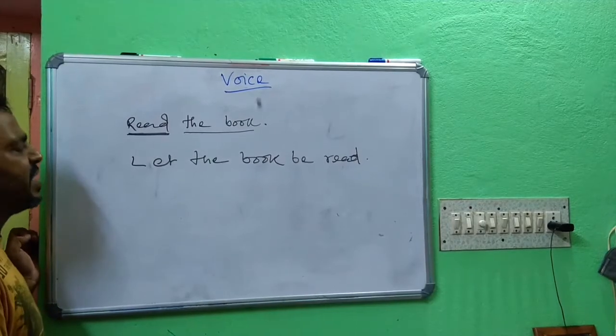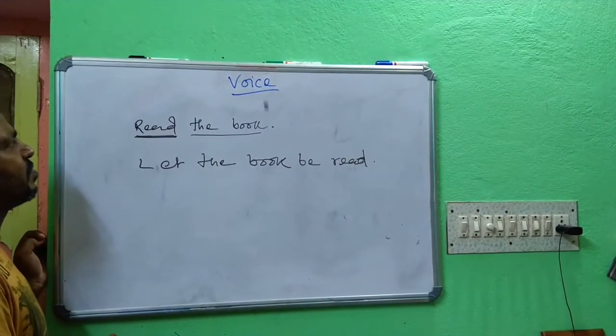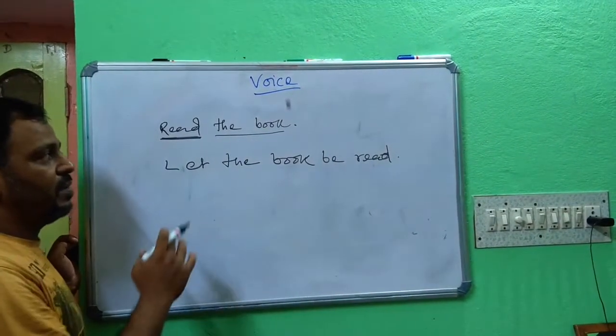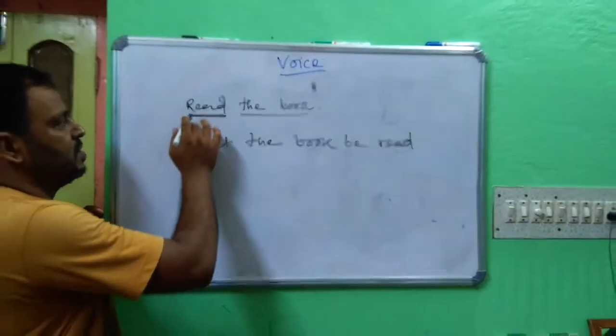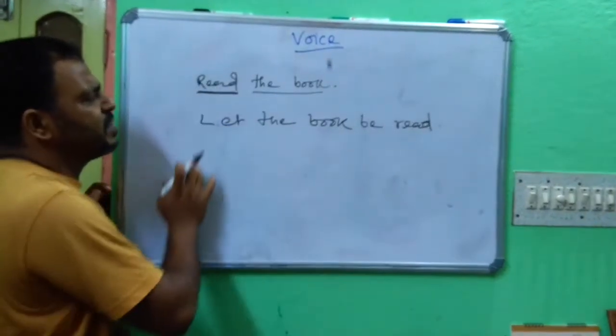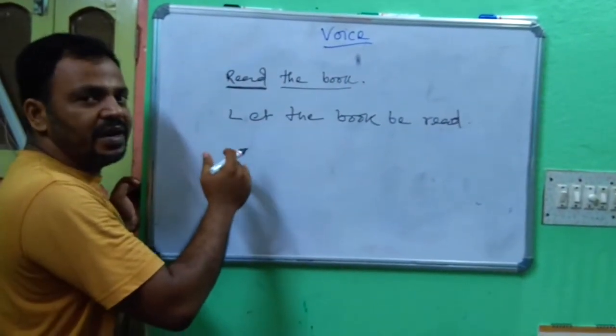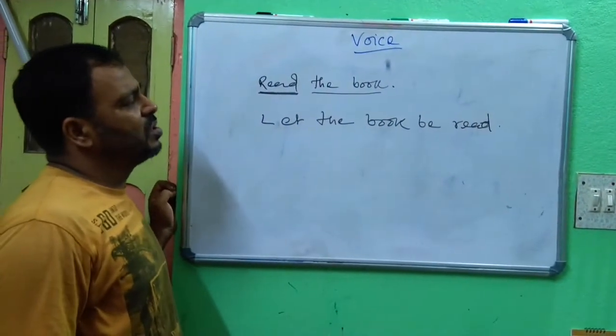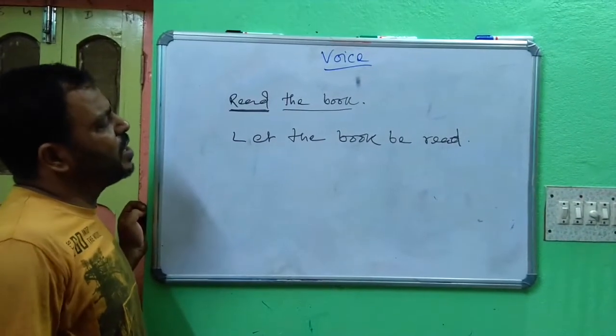An imperative sentence denotes request, order, command or advice. This is a general sentence. Suppose you can't identify whether it is request or command or advice. How will you do it?